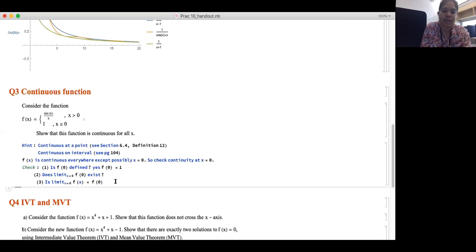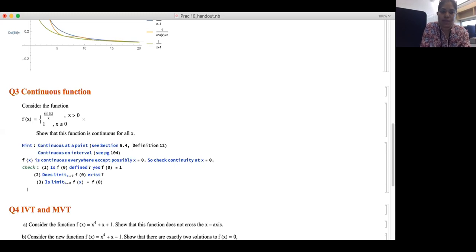So to check this, the last condition, you could take the limit from both sides. Yeah, Casey, you are right. Okay.